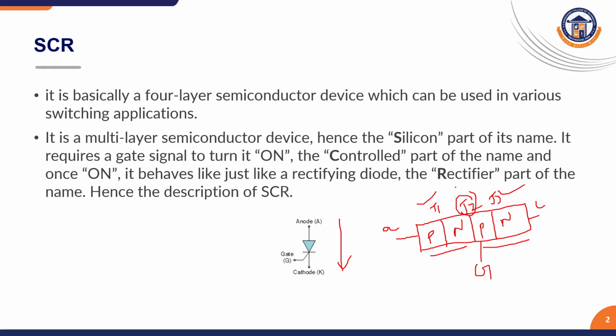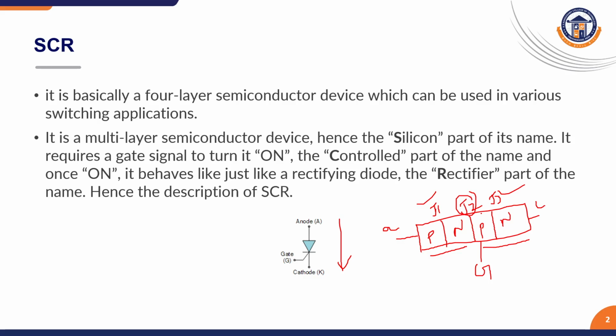In reverse blocking, J1 and J3 will be reverse biased, and J2 will be forward biased. A small leakage current of the order of a few milliamperes flows. This reverse blocking mode is also known as the off state of SCR.